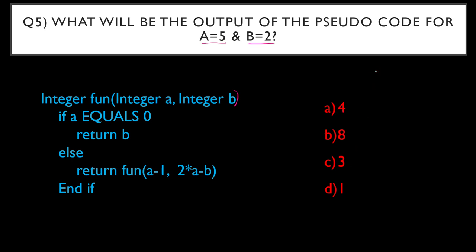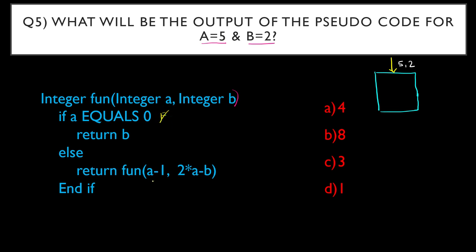So the first initial function call, what we are passing is the value 5 comma 2. So A is 5, B is 2. Inside, if A is equal to 0, the value of A is not equal to 0 because A is 5, so this condition becomes false.